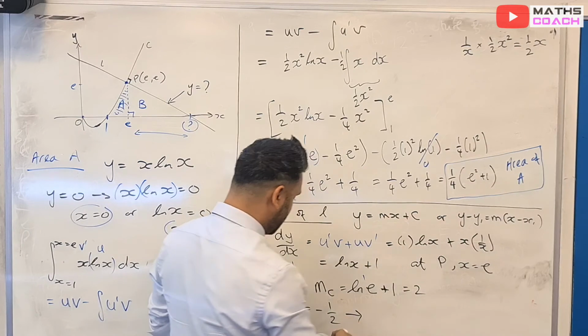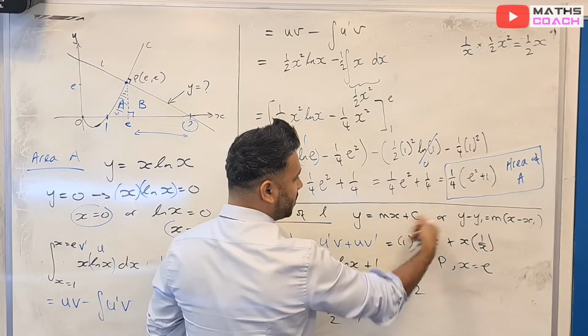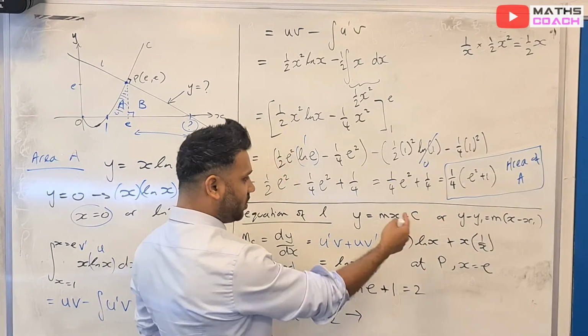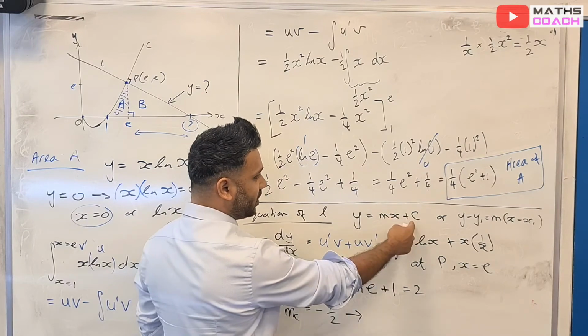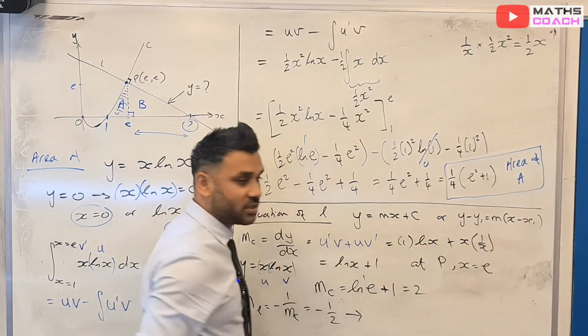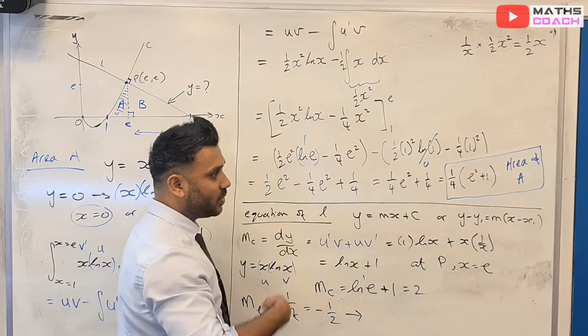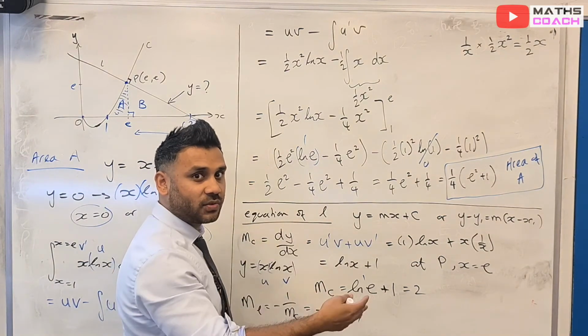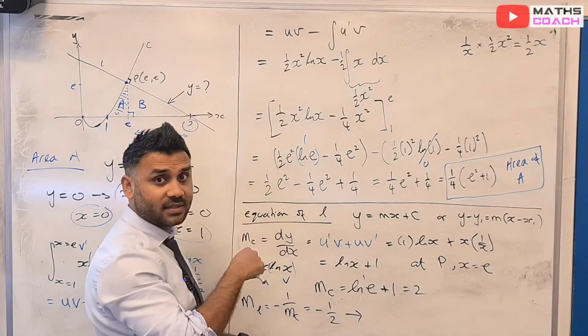So now, to work out the equation of line L, we have an option between which one to choose. If we use this one, obviously we need to find what c is. If we use the second version, the standard form of the equation of a straight line, you can just put the values in and go straight ahead and find where it crosses the x-axis.